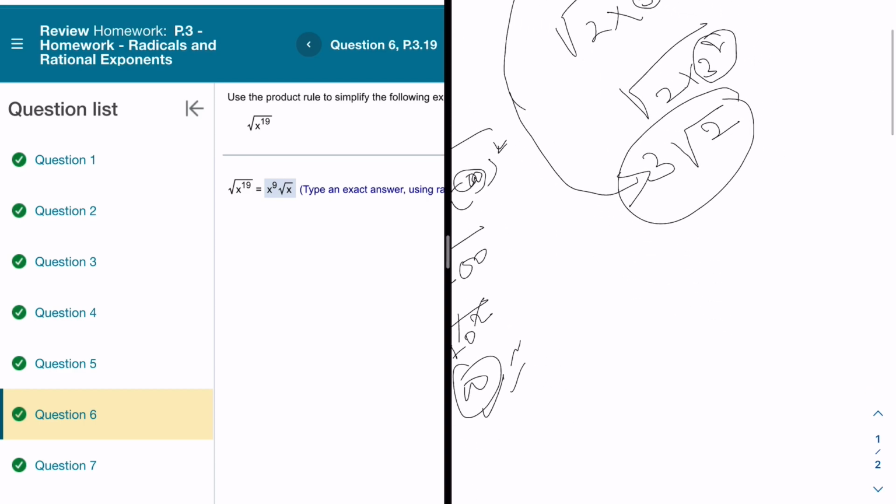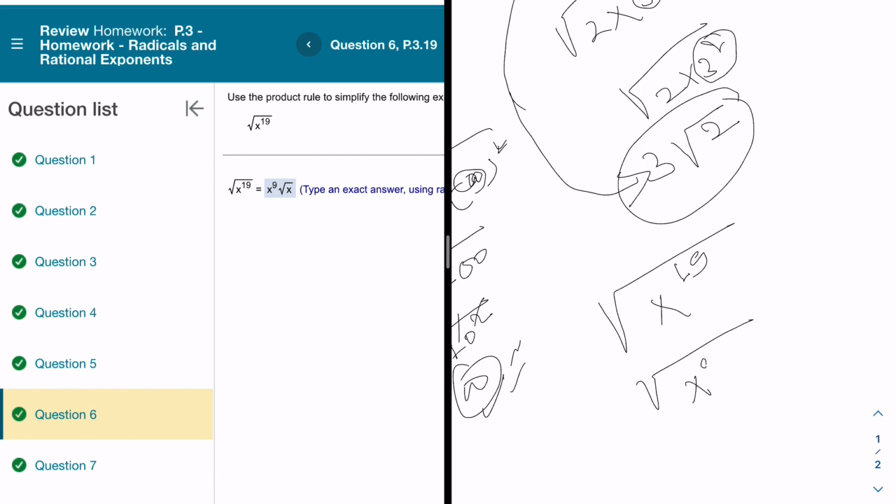Our question is x^19. So how can we write x^19? First let's try to do this as an even number.